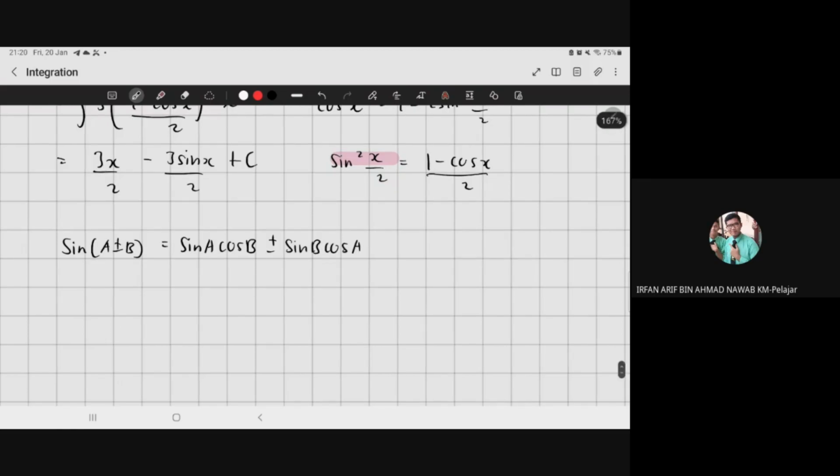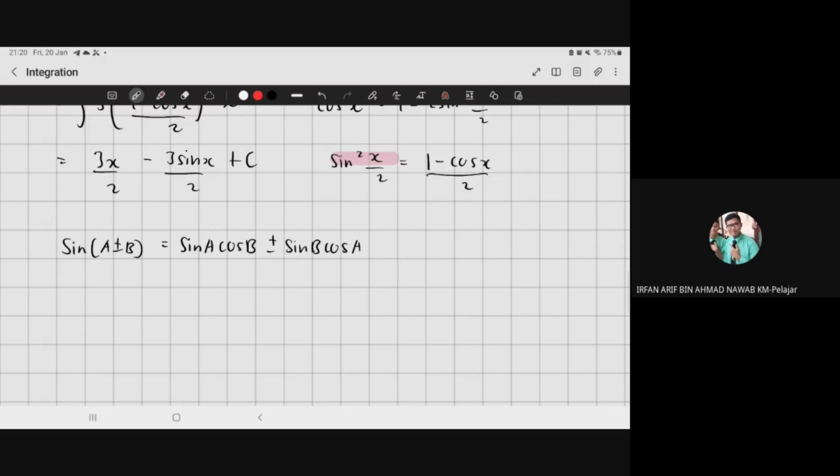This part is easy because the signs here are similar. If it's A plus B, then we will get sine A cosine B plus cosine A sine B. But how about for cosine? The compound angle for cosine is basically the opposite. If it's plus, then it will be minus.